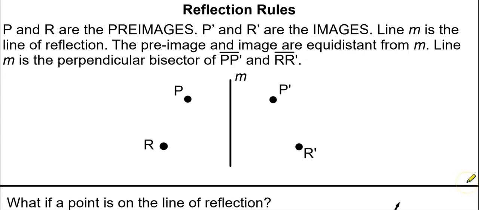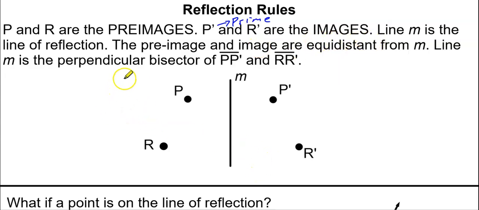So when we flip, we have certain rules that we need to follow. If I say P and R are my pre-images, notice P and R do not have any apostrophes. P prime and R prime, the apostrophe means prime. So P prime and R prime are my images.